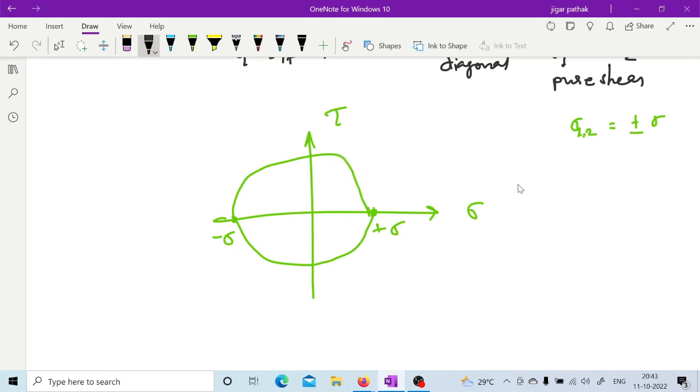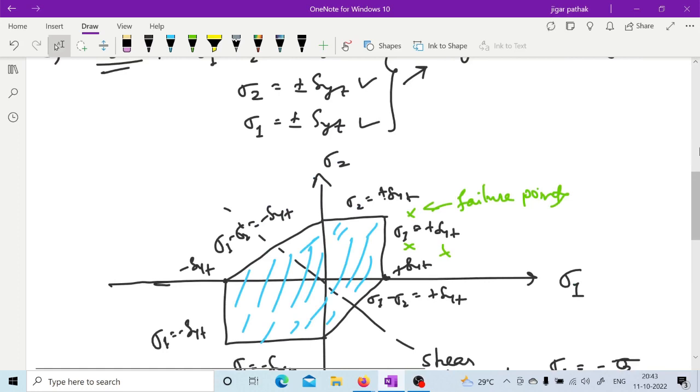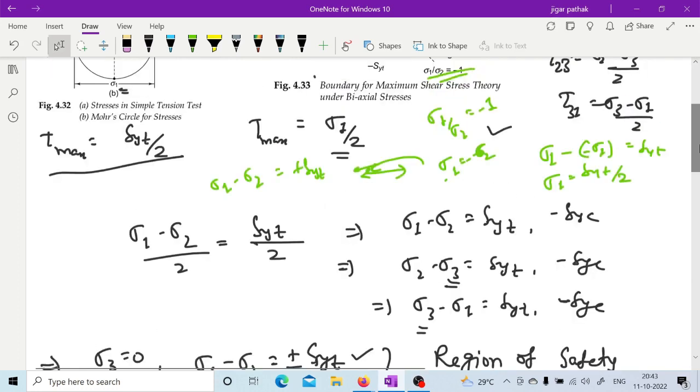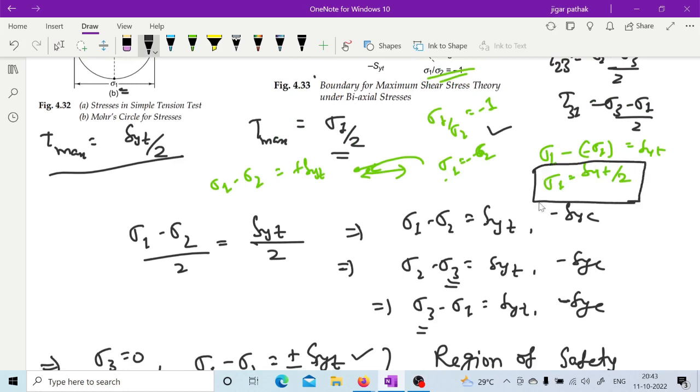This will be your condition, as you have drawn that Mohr circle, and from both line equations you are getting the final sigma 1 equal to Syt by 2.